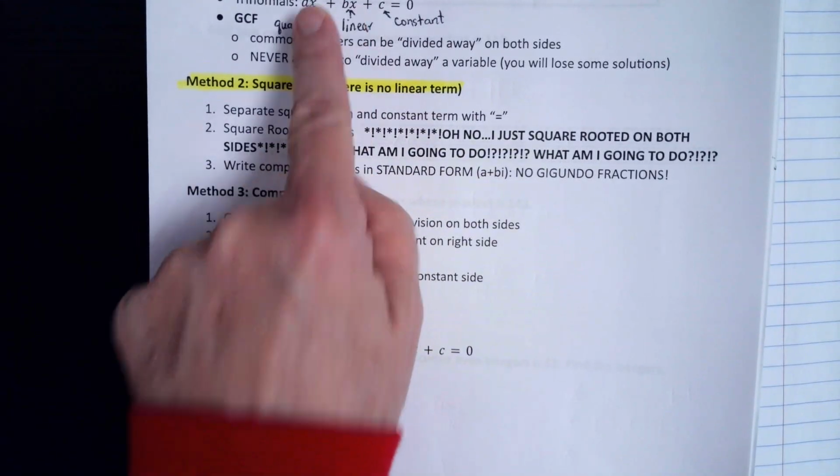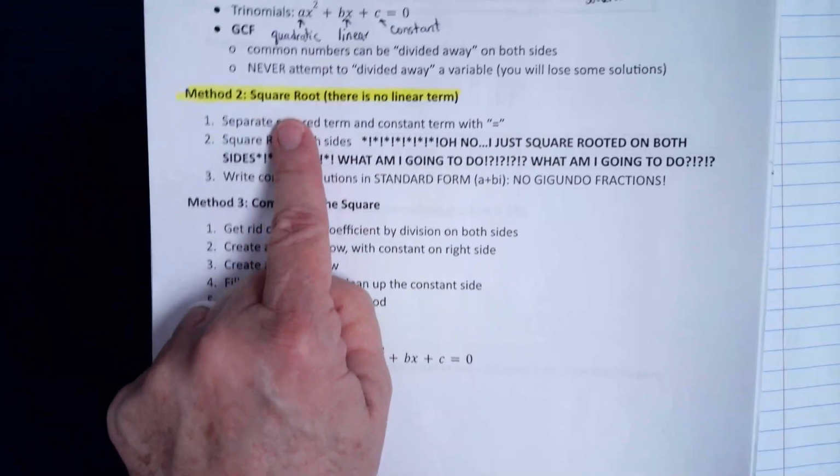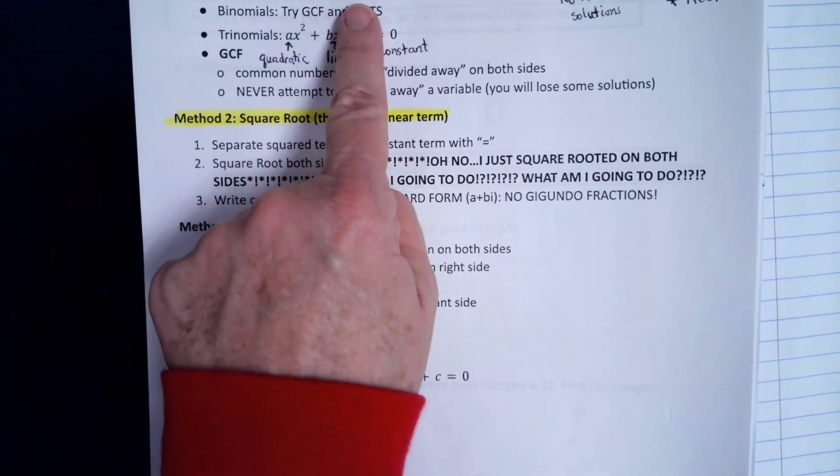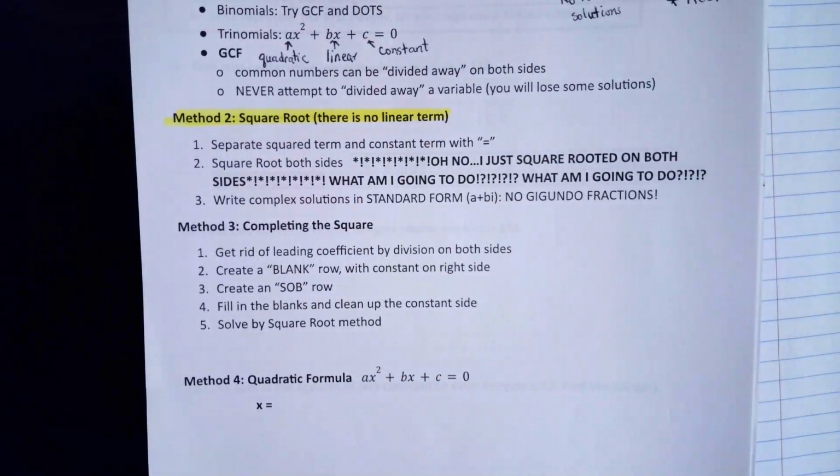So, most of the time, the square root method is a binomial. We will, after we play with a few of these, see something else where the square root method can help, which is really a precursor to the final steps of completing the square.